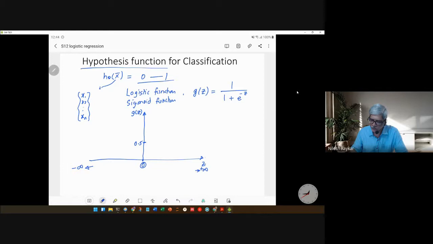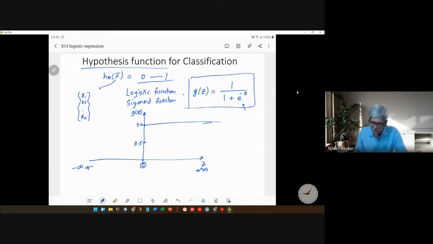At the far end, for the right hand side, when z becomes positive infinity, this particular term becomes 0. So you reach the value of 1. So at very large values, you get 1.0. As z approaches infinity, this function also approaches 1.